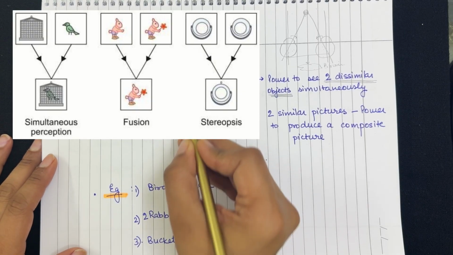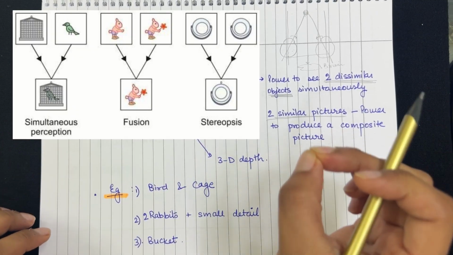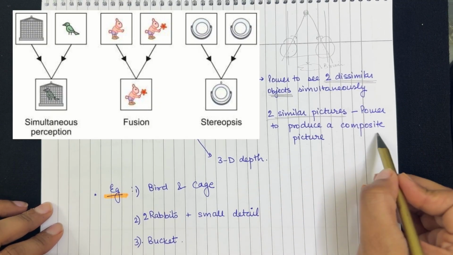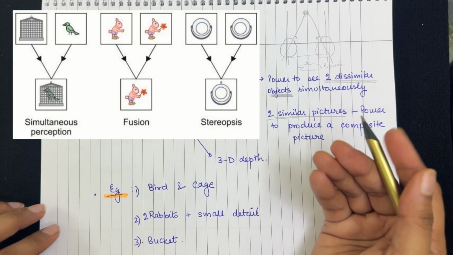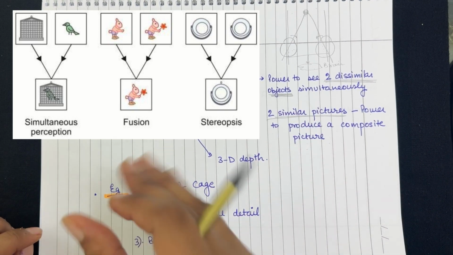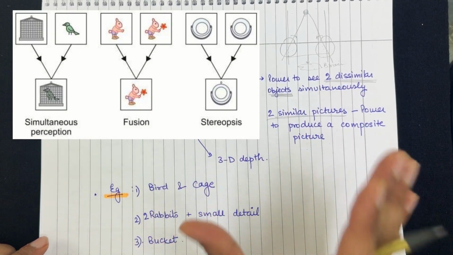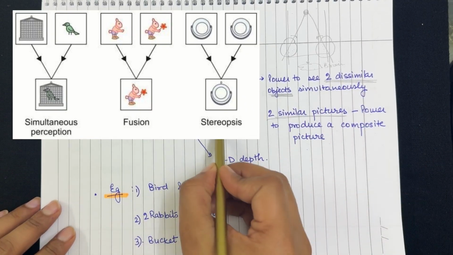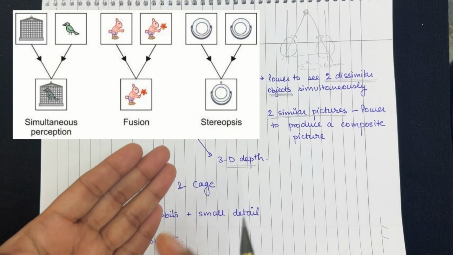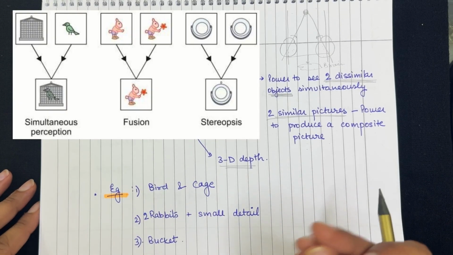Next is fusion. Fusion is when two almost similar pictures, each with some small detail missing, and the power to produce a composite picture is fusion. If you see this example of two rabbits, either lacking a tail or a bunch of flowers, if fusion is present, one complete picture is seen, right? Then next is stereopsis. This is nothing but an impression of depth by superimposition of two pictures. For example, a bucket.